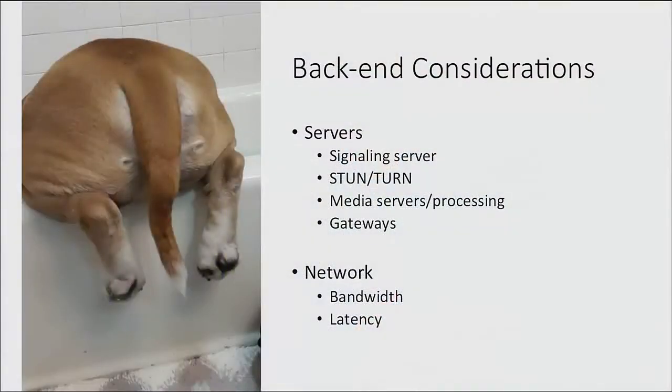Depending on your application, you might also need a media server or some kind of media processing engine in the network. If you're connecting back to an existing phone network, you're going to need to have some sort of gateway, right? So there are some back-end considerations to consider. You can build these things on your own, and I'll show next. There's a lot of options if you don't want to do that stuff to get that from cloud providers. And another important aspect that we'll talk about here too is don't forget about the network.